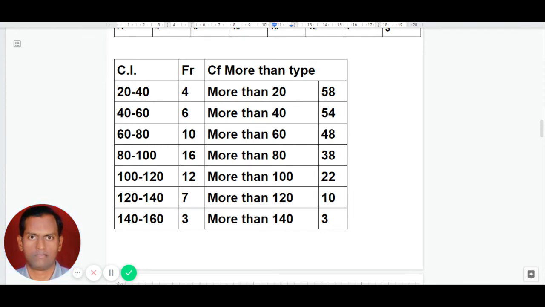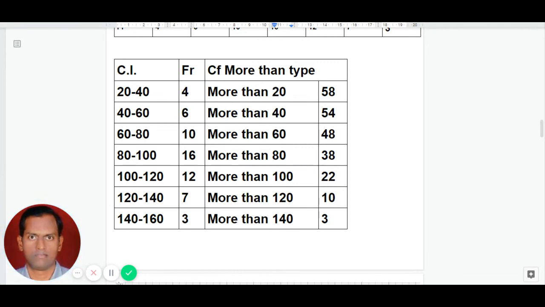Similarly, 54 minus 6 is 48. 48 minus 10 is 38. 38 minus 16, 22. 22 minus 12, 10. 10 minus 7 is 3. These are lower limits. This is more than cumulative frequency.